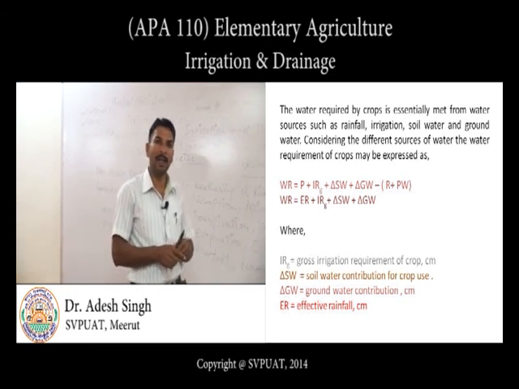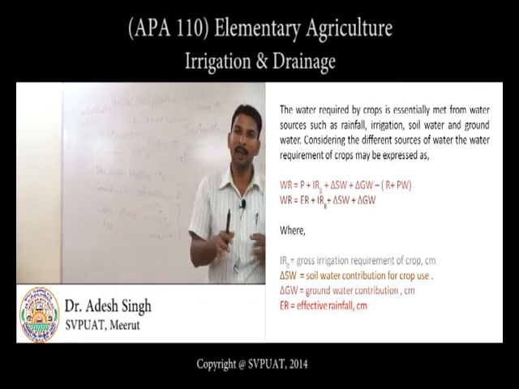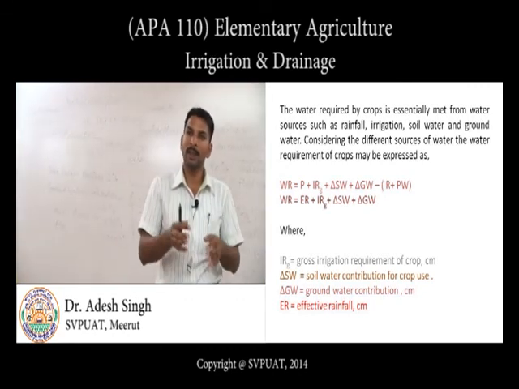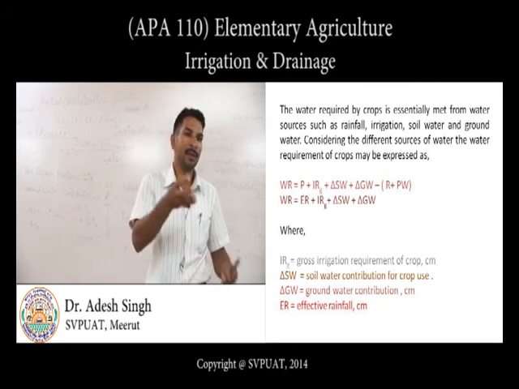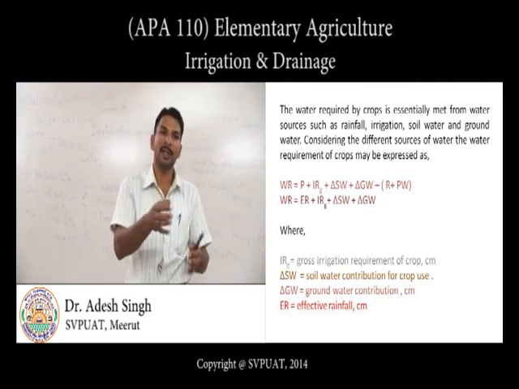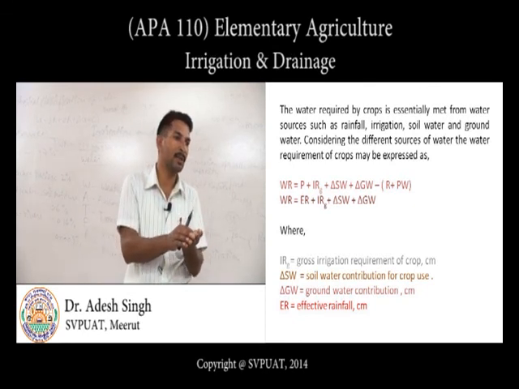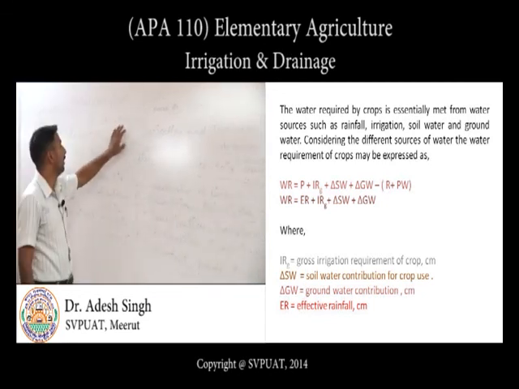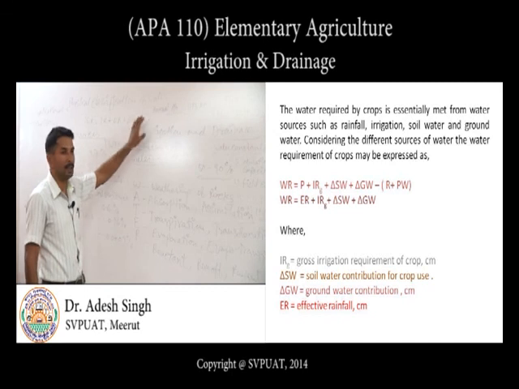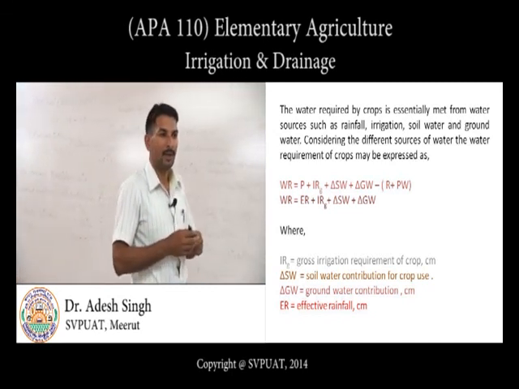Means whatever total rainfall is received over the field surface, the total water cannot be utilized by the crop plants, and the portion which is actually utilized or which can be replenished to the groundwater contribution comes under the effective portion of the rainfall. And delta GWC is the change in groundwater contribution.